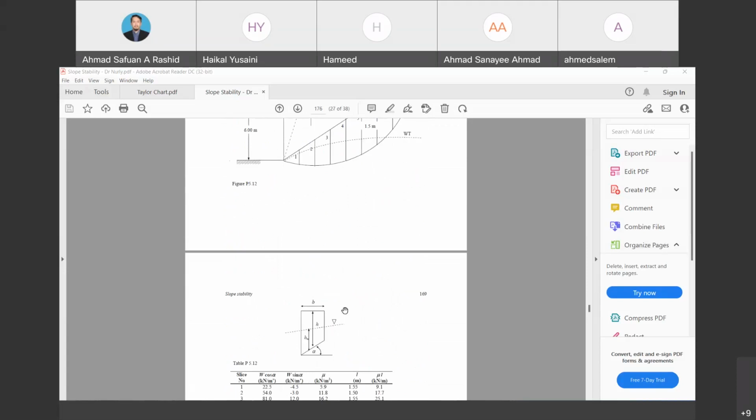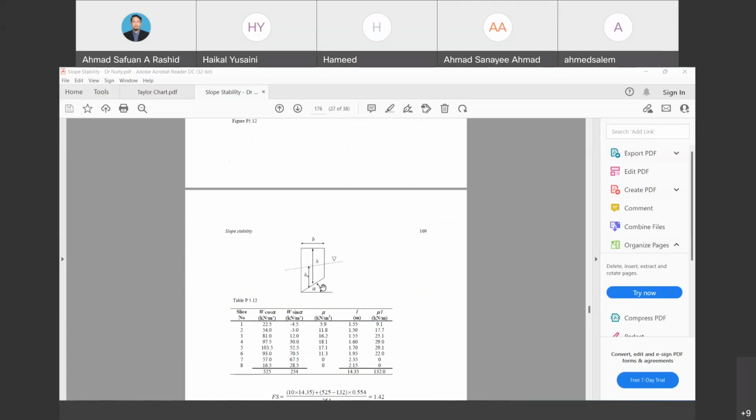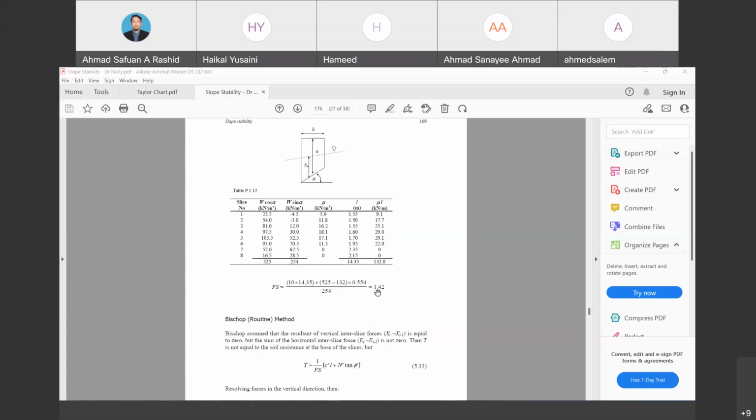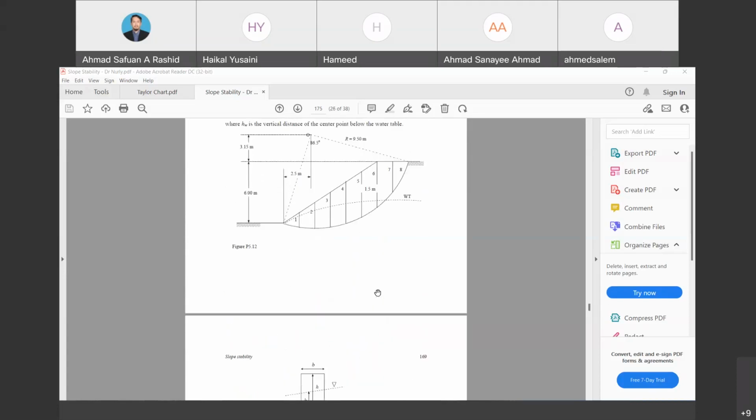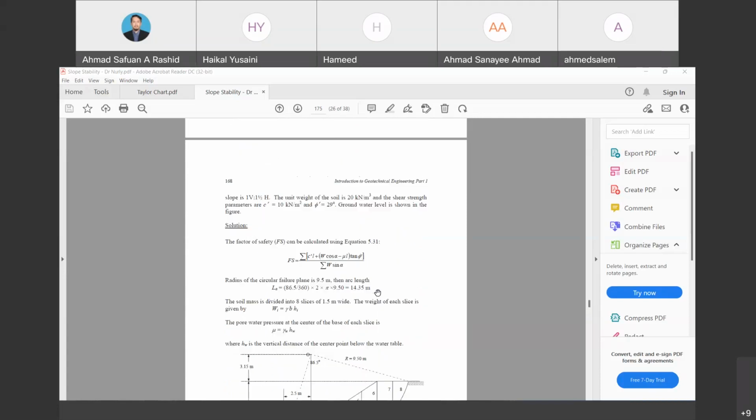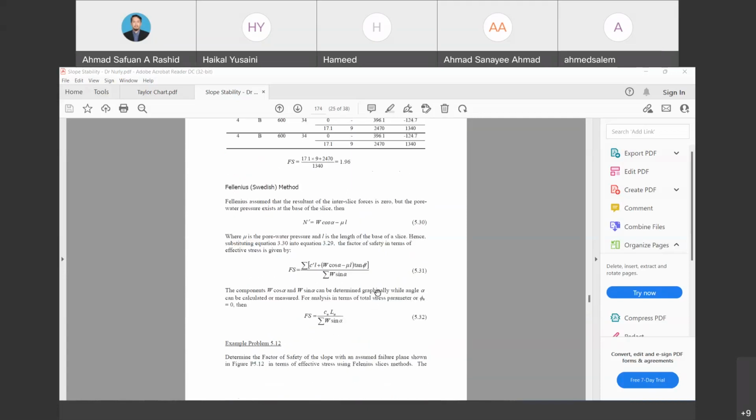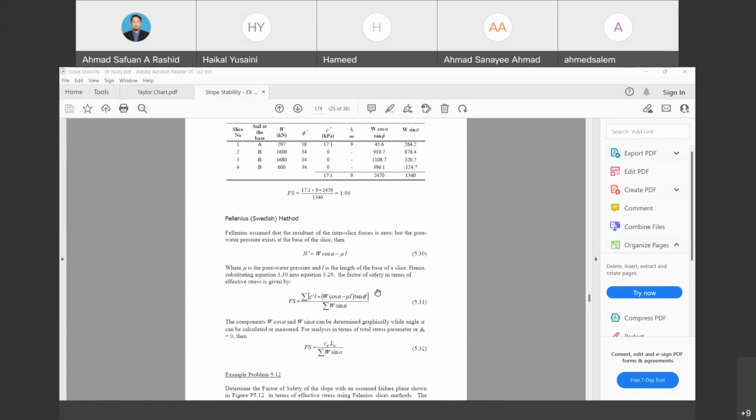I guess I need to stop. This is how to determine alpha, and I will discuss it next week, for the full discussion on the method of slices based on Fellenius and also Bishop.